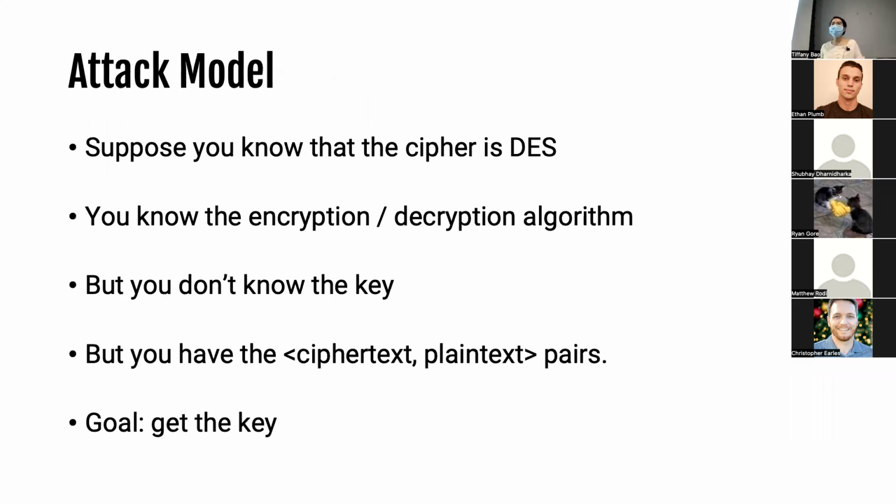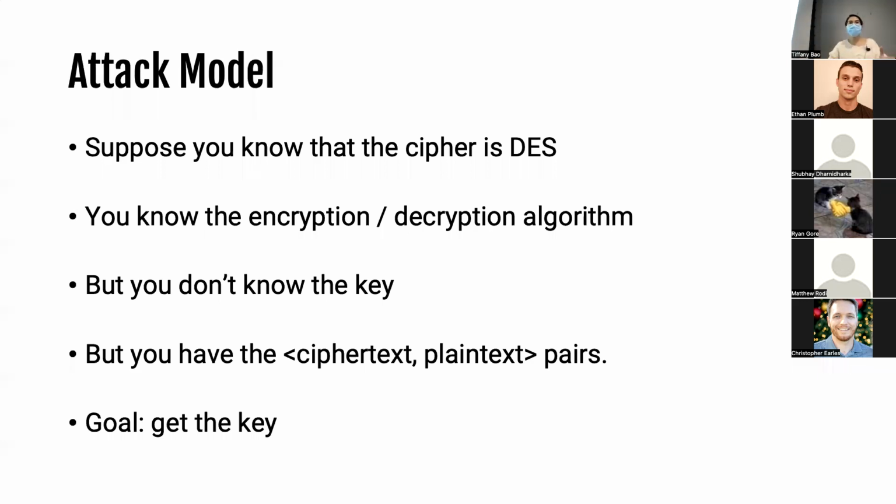Before we talk about how to attack, let's first talk about the so-called attack model, or threat model: what we allow attackers to do, what we disallow attackers to do in this attacking scenario, okay? Suppose that the attacker, or say now, let's think about yourself as the attacker.